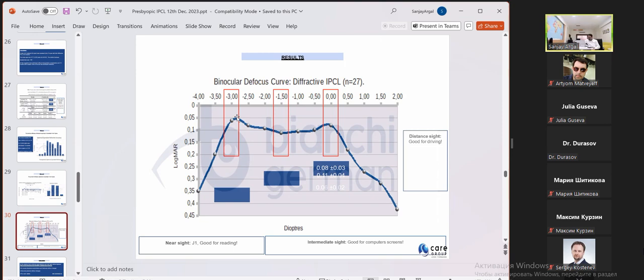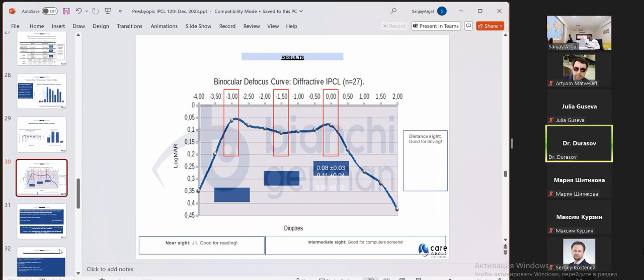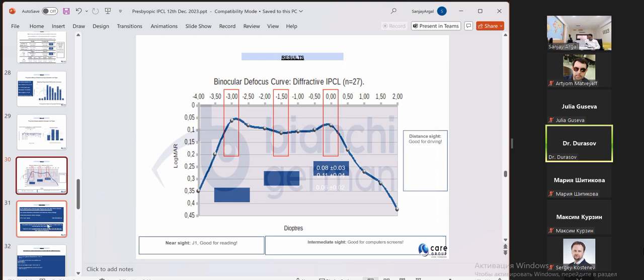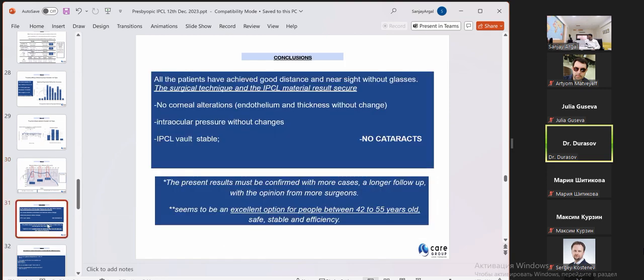And logMAR is about 0.08. So good quality of vision for near, far, and intermediate. Острота зрения по шкале логмар приблизительно 0,05. Это очень хорошее качество зрения. And the best part is there is no sign of cataract in 1 year time, very stable vault.